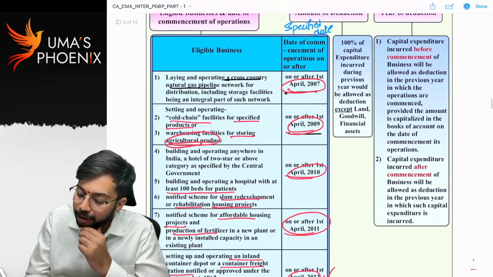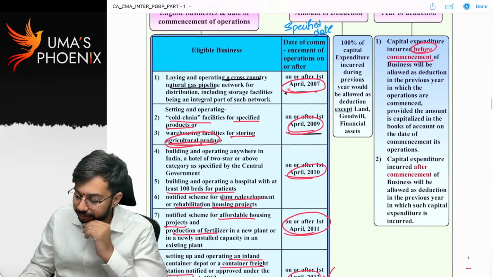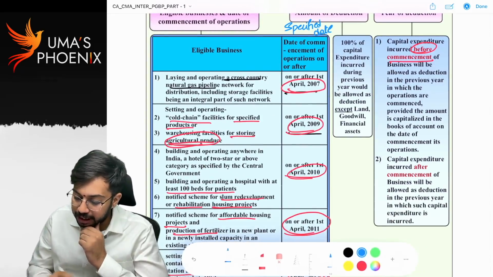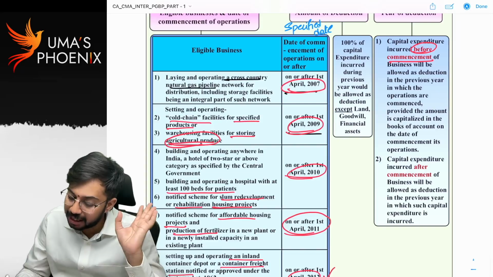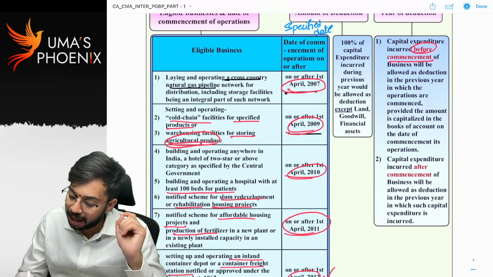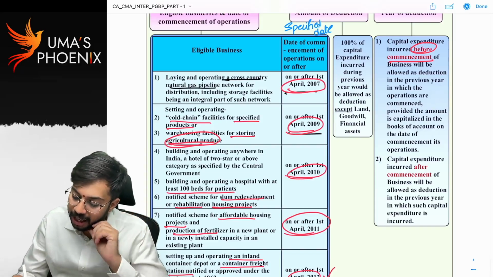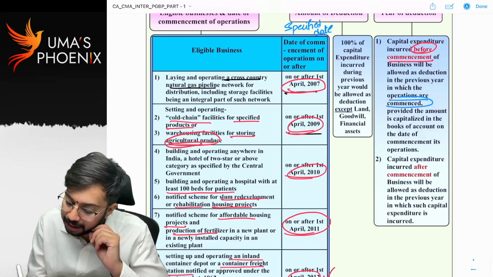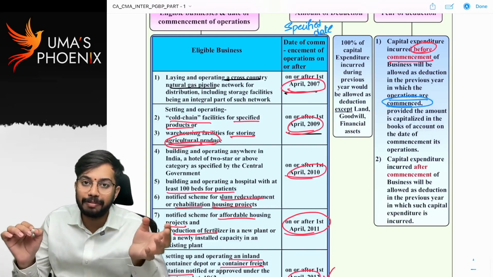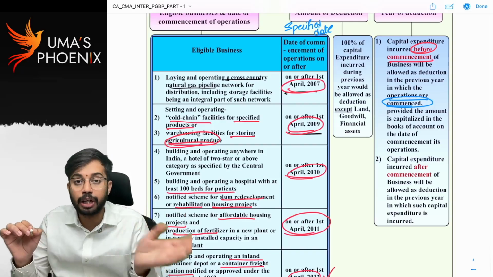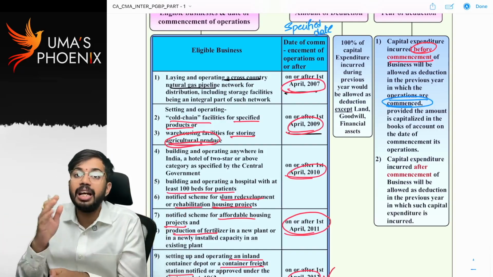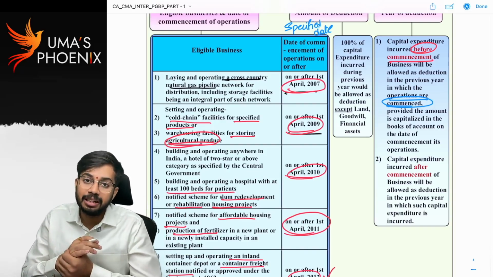You can see before commencement of business, whatever expenditure is incurred, 100% of the expenditure is allowed as deduction in the previous year in which operations are commenced. So before commencement of business, whatever the expenditure is, revenue expenditure and capital expenditure, total expenditure is allowed as deduction in the year in which business is started.